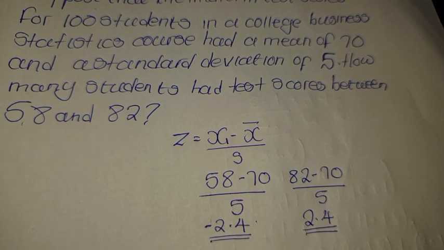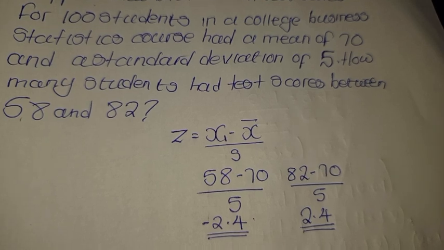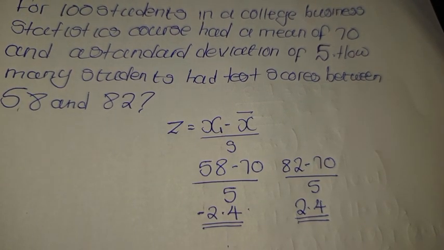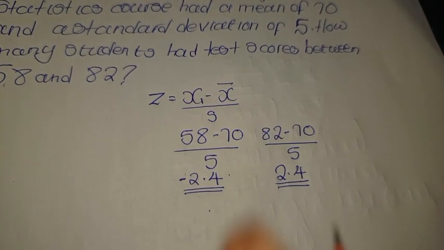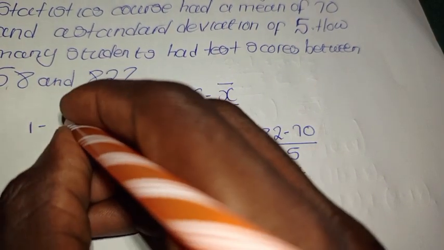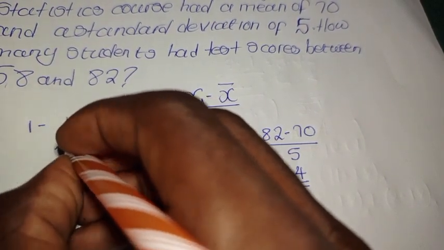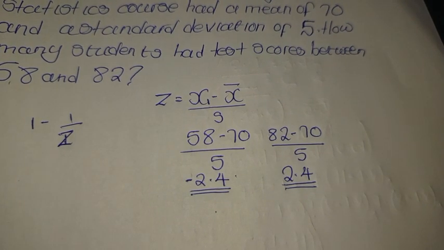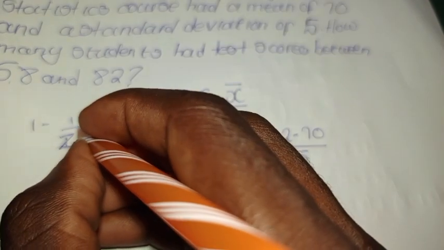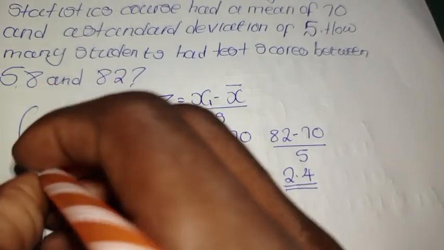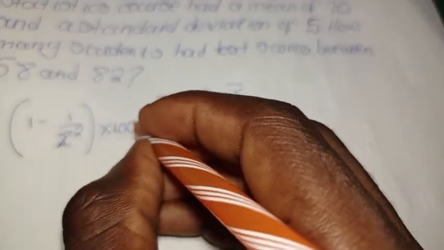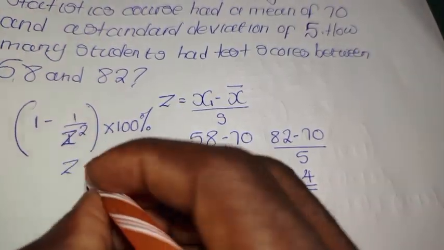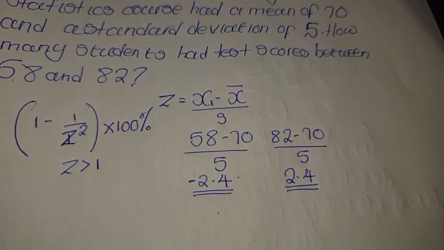For this we use what is referred to as the Chebyshev theorem, which is defined by 1 minus 1 over Z squared, multiplied by 100%, where Z is always above 1.